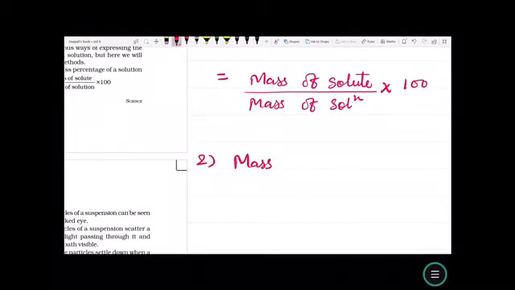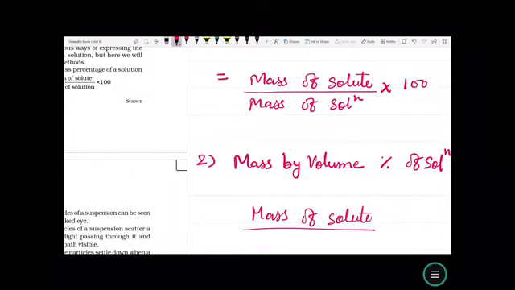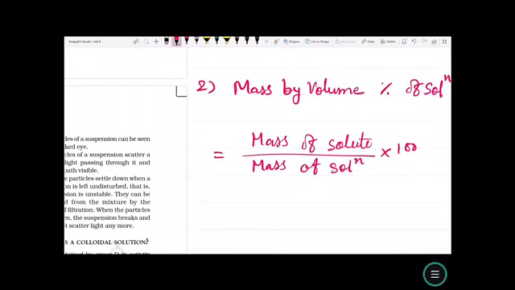Second is mass by volume percentage of solution. So it will be mass of solute upon volume of solution into 100.